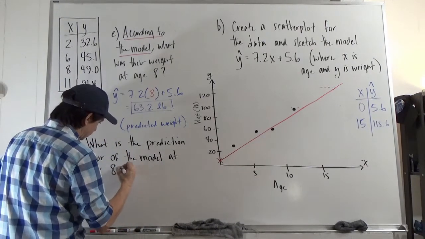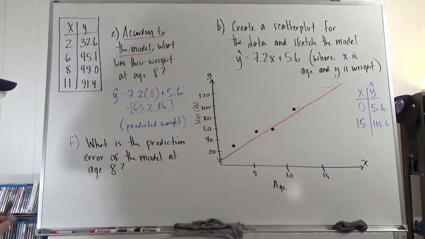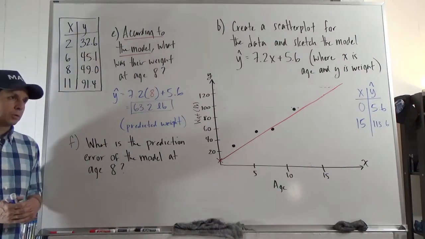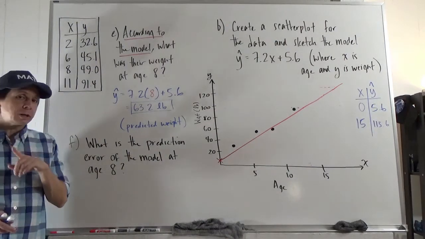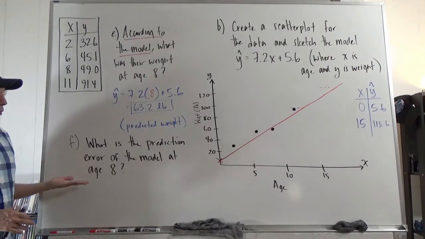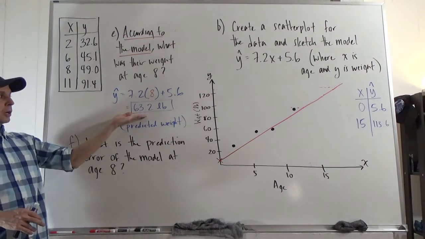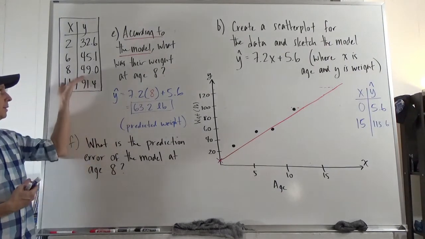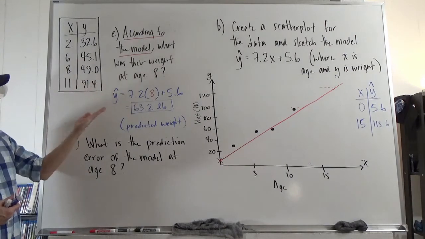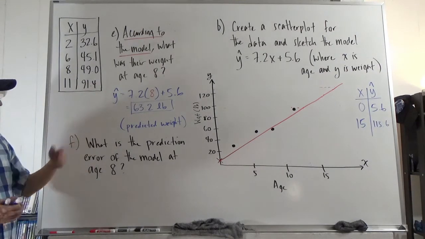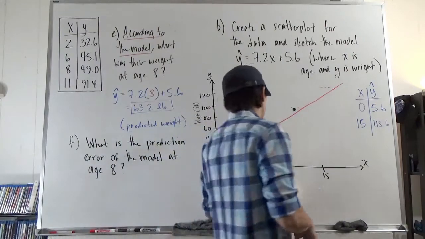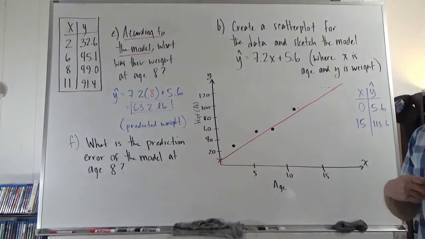So we're going to go back to that equation, but let's make sure we understand. The prediction error: how far off was our prediction, the red line, our model, from the actual weight? 15 pounds-ish, maybe 10 pounds-ish, more than 10 pounds. Well, let's do it accurately because we also need to get the correct sign.